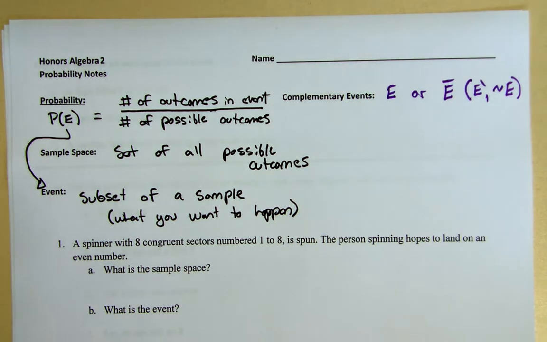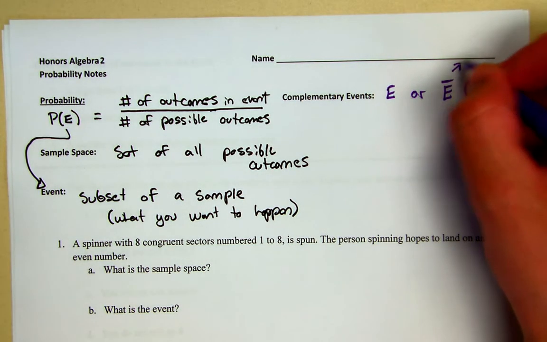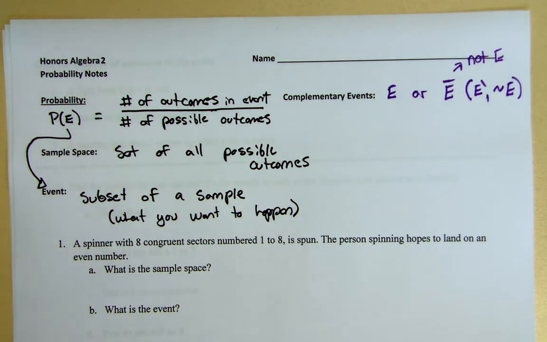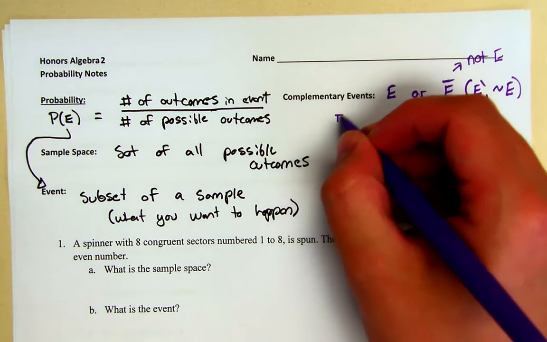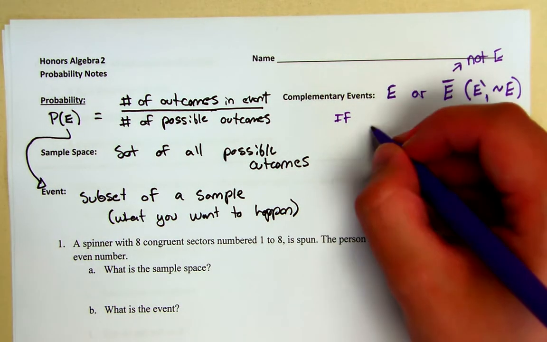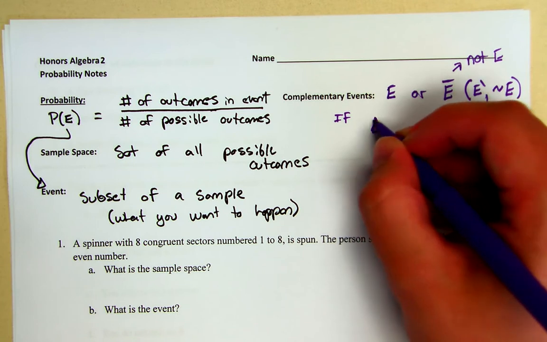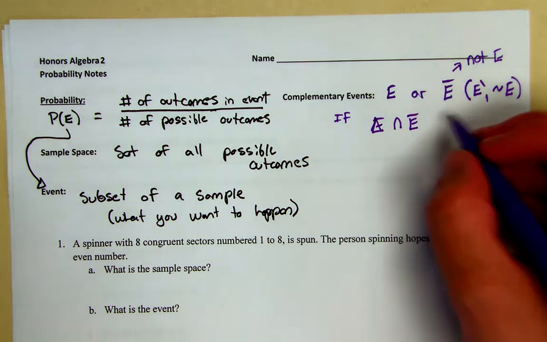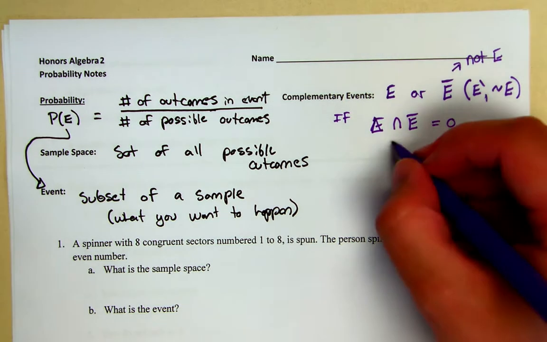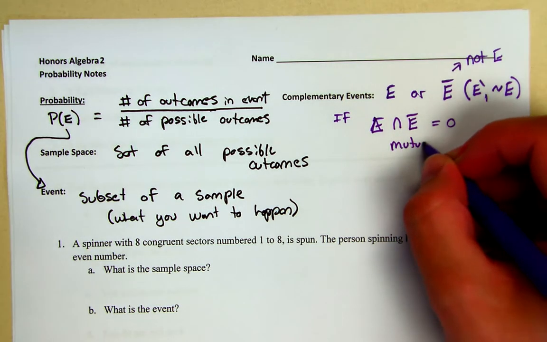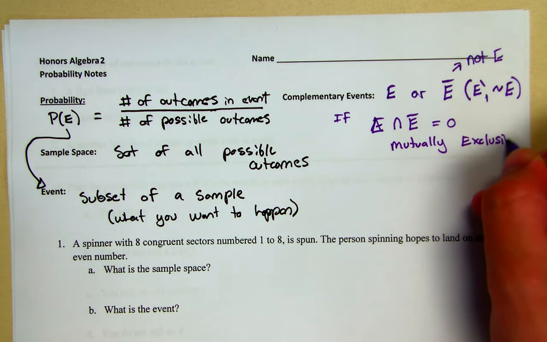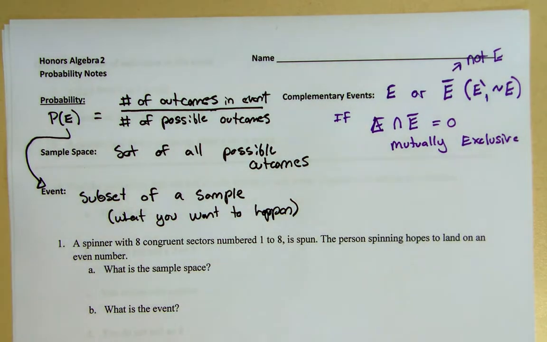Those are different ways, or again, this means not E, so it doesn't happen. If E and the intersection of not E equals 0, then we call this mutually exclusive. So the two events don't interfere with each other.